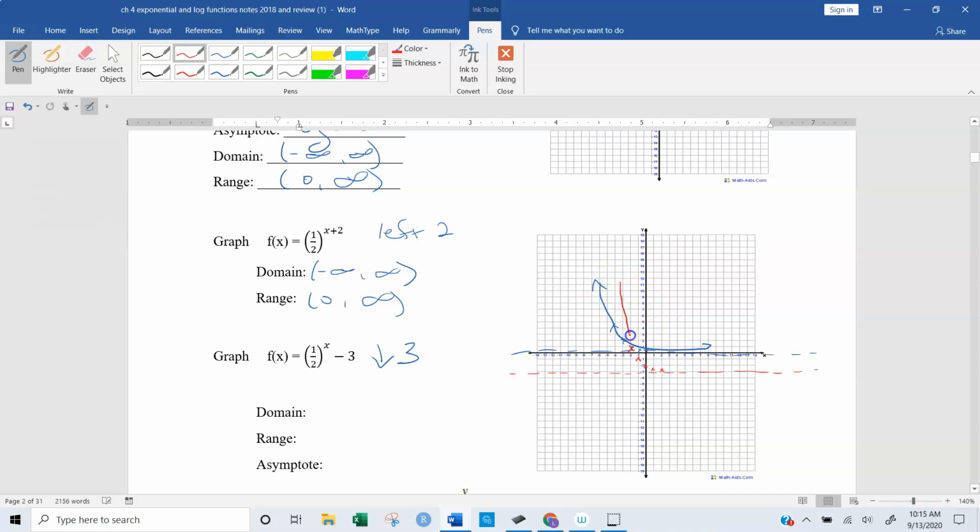And there is our new graph. Not much has changed. Domain is still negative infinity to infinity, but now our range starts at our asymptote, which is -3 and goes up forever. Our asymptote is now y equals -3 because we moved down.